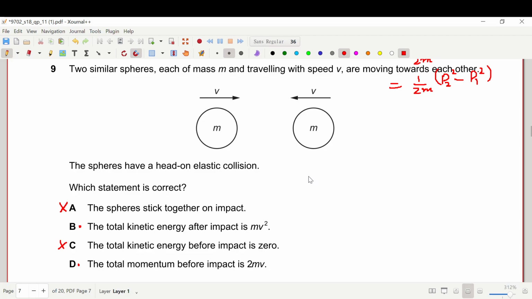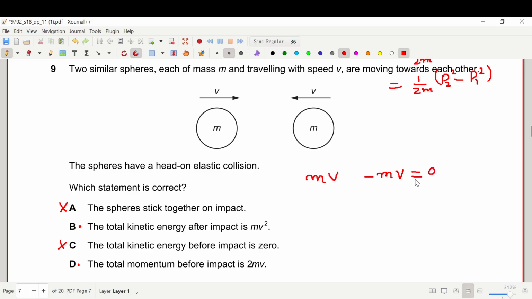Okay, its initial momentum is mv and its initial momentum is minus mv. So आपके पास इनिशियल मोमेंटम कितना हुआ इसका? That is 0.